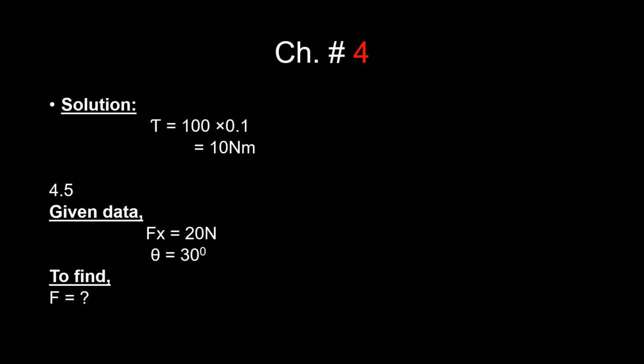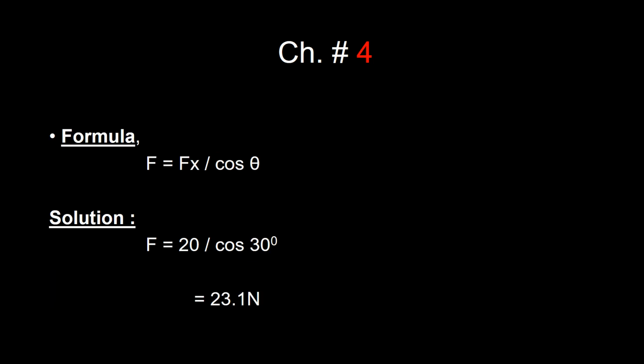Again, we know the formulas for the horizontal and vertical components: the horizontal component Fx is equal to F cos theta, and the vertical component Fy is equal to F sin theta. But here we have to use just the horizontal component.